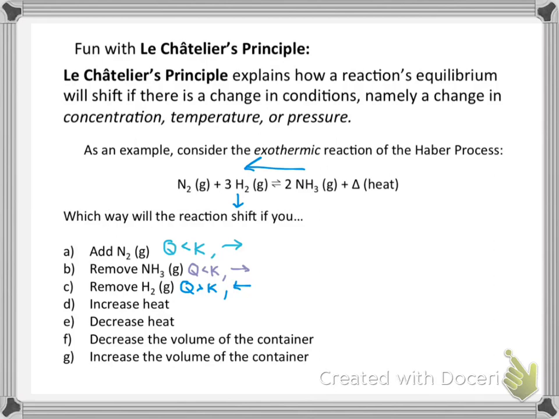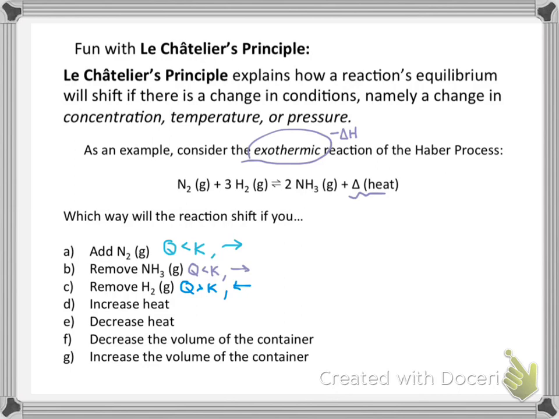Okay. When you talk about heat, then we have to look at the problem and look for what it's telling us about delta H, whether it's endothermic or exothermic. And so here, if we can read and see that the reaction is exothermic, heat is exiting, we have a negative delta H. And so we can write heat in here as a product.